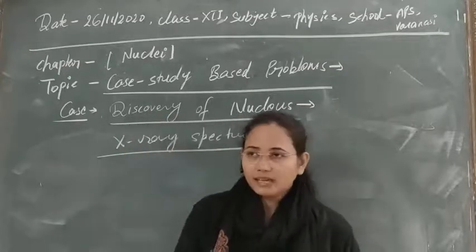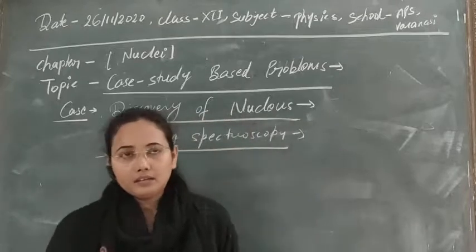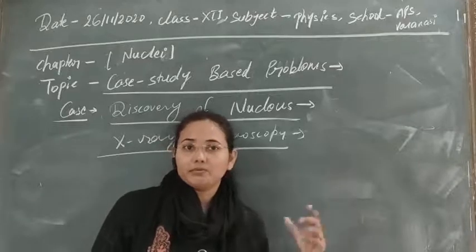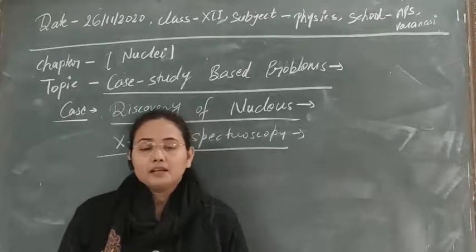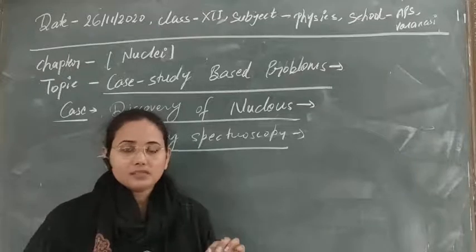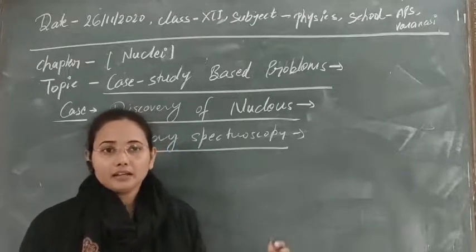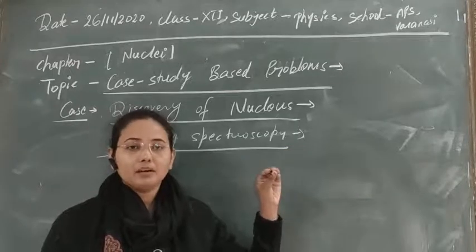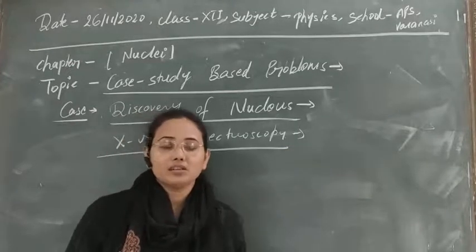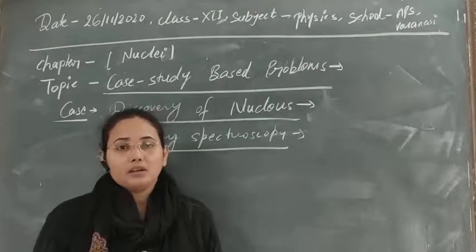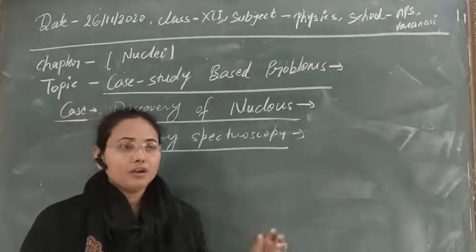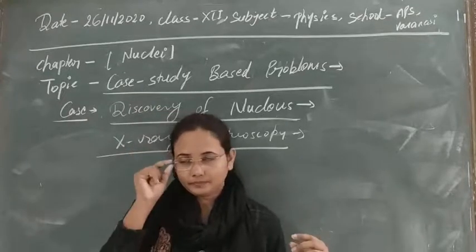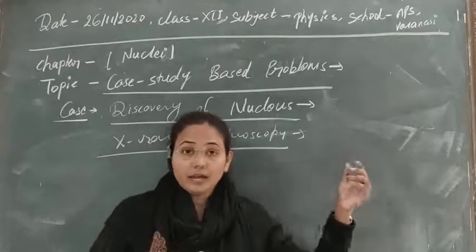A question can be asked about when we get the continuous spectrum of X-rays. The continuous spectrum is obtained when there is continuous striking of electrons on atoms, or when knockout of electrons is done in higher orbits.